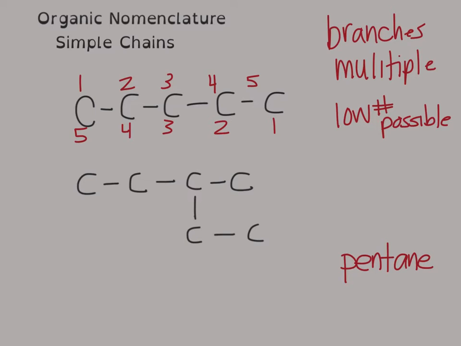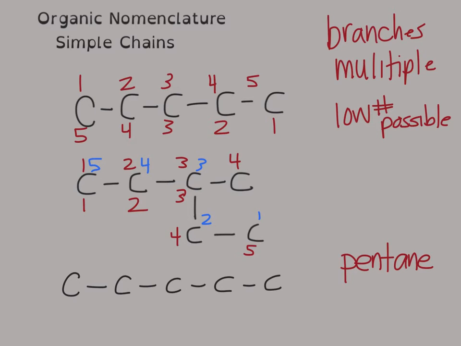In the second example, we can count 1, 2, 3, 4, but that doesn't get me very long. We can go 1, 2, 3, 4, 5, or we can go 1, 2, 3, 4, 5. So this is a 5 carbon chain, and it really doesn't matter, again, if I count it left to right. Let me show you an example where it would matter.